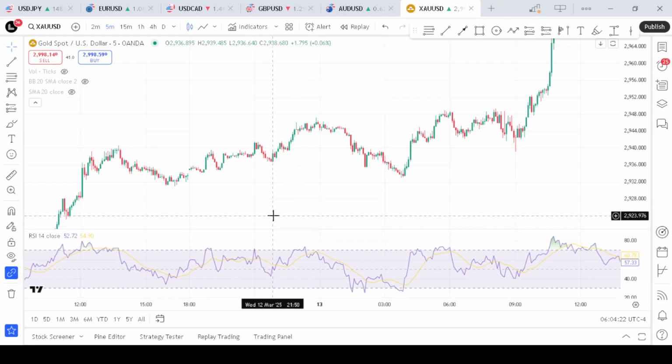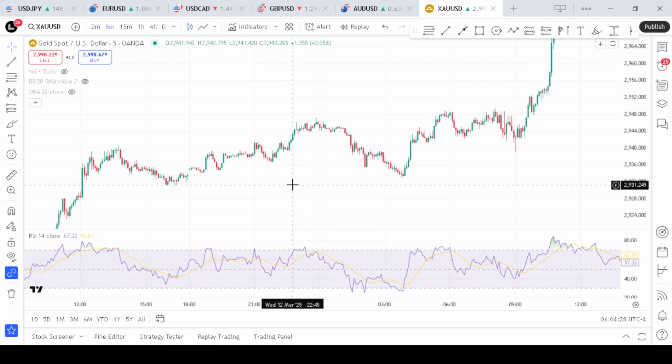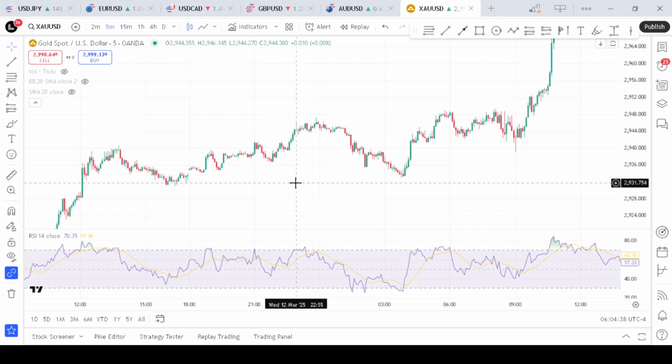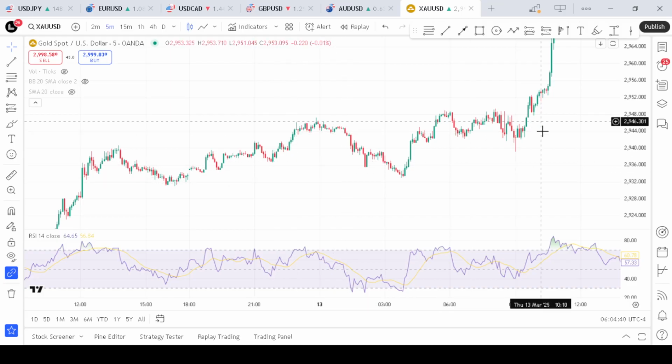Whether you're a beginner looking to start trading gold or an experienced trader seeking to add a reliable scalping technique to your arsenal, this strategy will prove that with a structured approach to capitalize on gold price movement, you can profit on gold.